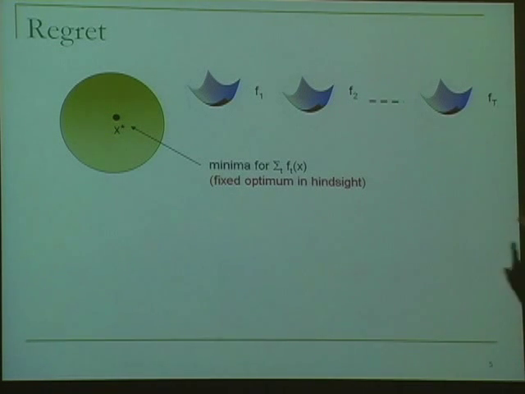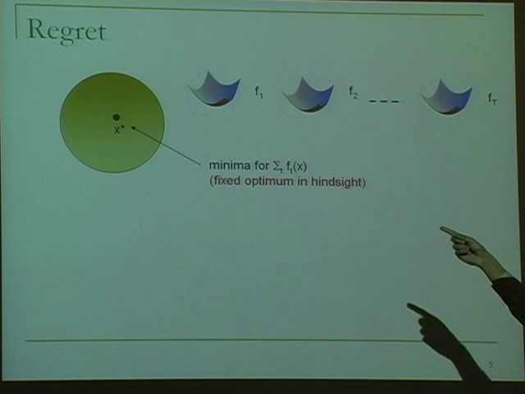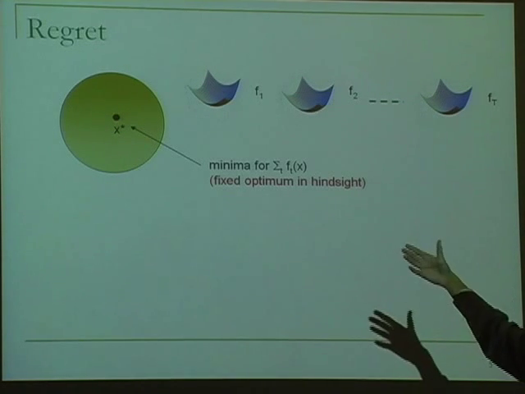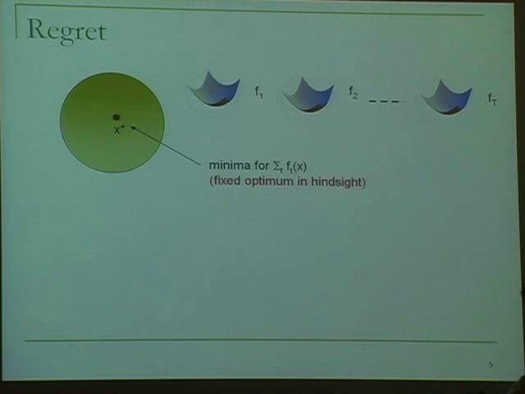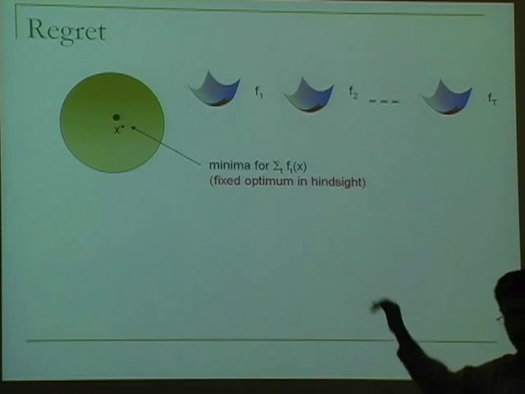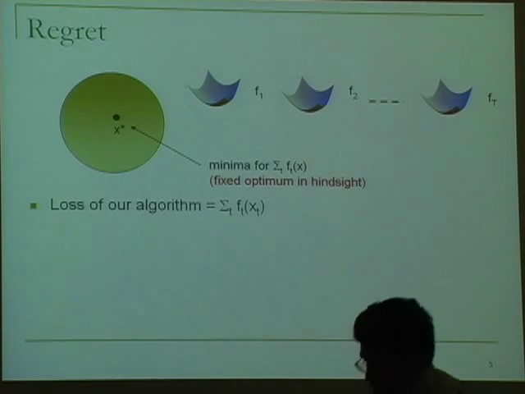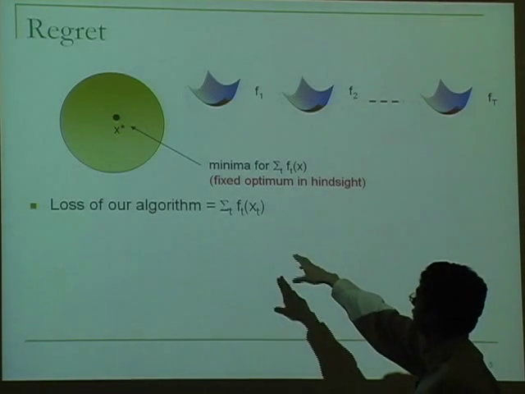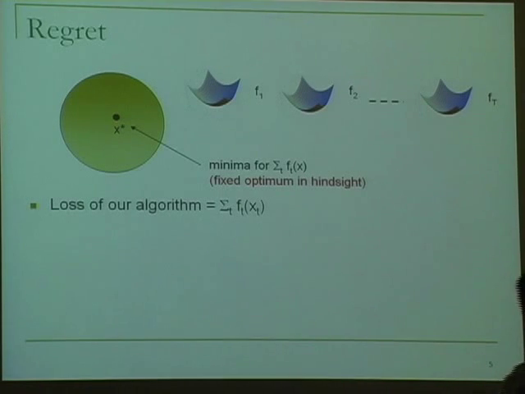It's just the sum of all the functions, and you find the minimum. In some sense, it's saying that if you were constrained to play the same point every day, this is the point that you would play. And note that our loss was simply the summation of f_t(x_t), where x_t is the point that we played in the t-th round.